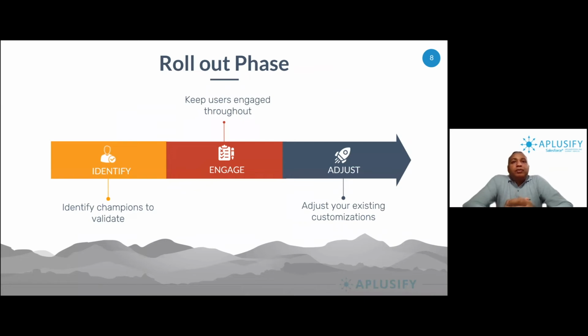Now, when we come to the rollout phase, it's very important, as I told you, to identify the users who are going to give you feedback about how your rollout is going. So it's important to identify the champions who can actually validate how the rollout is happening.